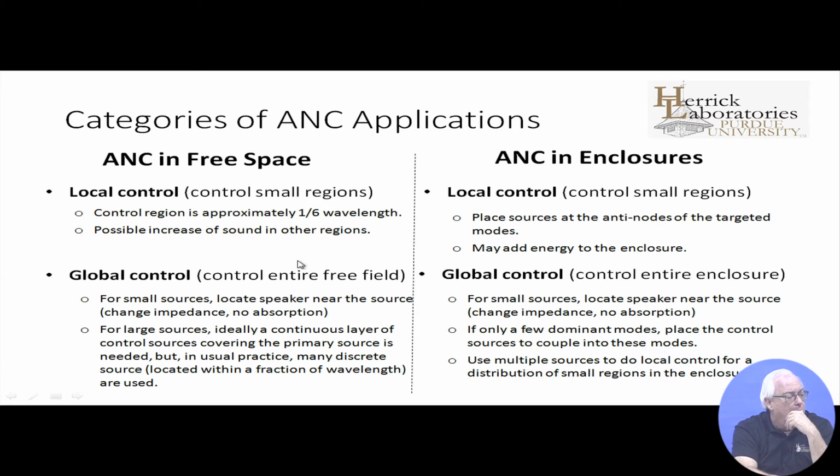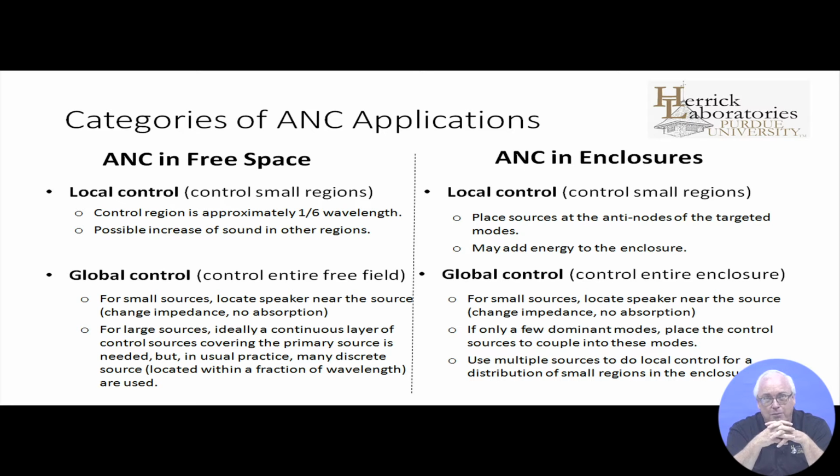hardware. But if you're going to do global control in free space, you have to imagine that there's a sound source and sound is radiating away from this thing. If you're going to achieve perfect cancellation, in principle you have to reproduce exactly the entire wave field that this source is generating.